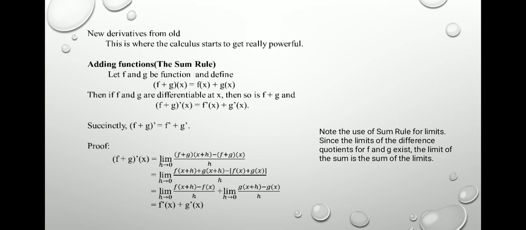We have here the limit of (f(x plus h) minus f(x)) over h as h approaches 0, plus the limit of (g(x plus h) minus g(x)) over h as h approaches 0, which is equal to f prime of x plus g prime of x. Note the use of the sum rule for limits, since the limits of the difference quotients for f and g exist. The limit of the sum is the sum of the limits.